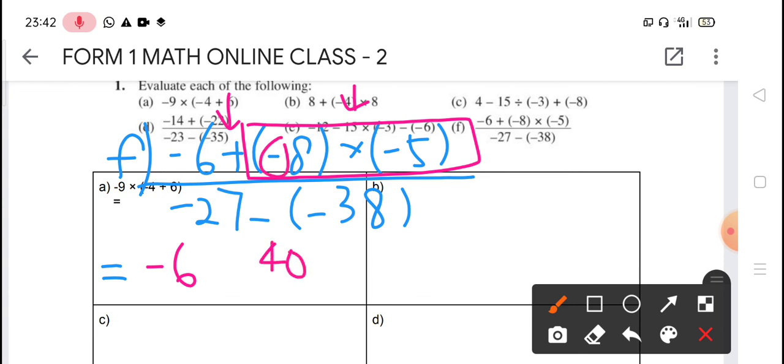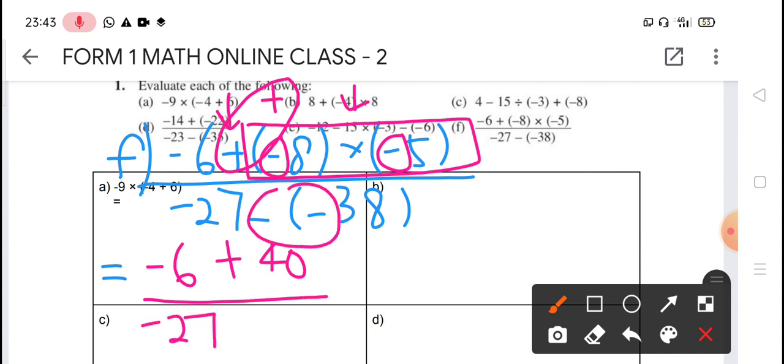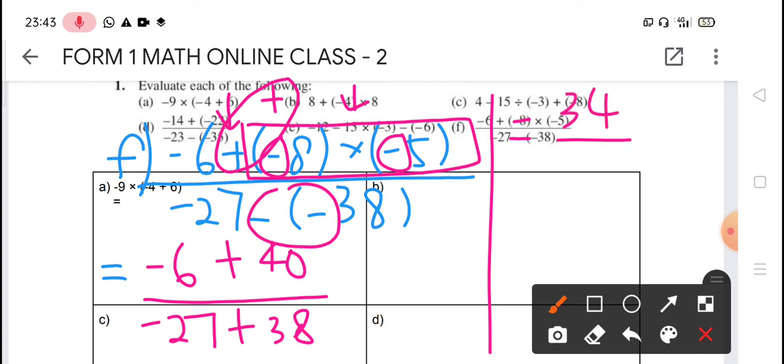Alright, negative, negative, we get positive. And this positive, positive, again we get positive. Okay, next here, negative 27. Negative, negative, positive 38. Alright, so what we get up here, negative 6 plus 40, we get 34. Down there we get 11. So this one is improper fraction. 这个是假分数，必须换去带分数, change to mixed number. So we get 3 and 1 over 11.